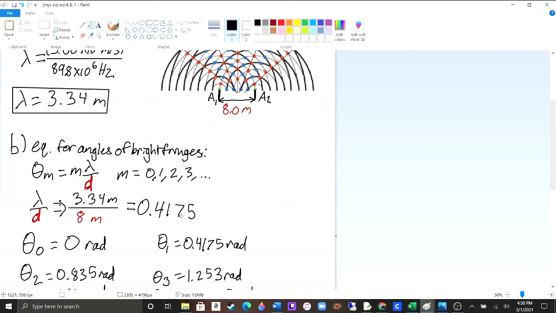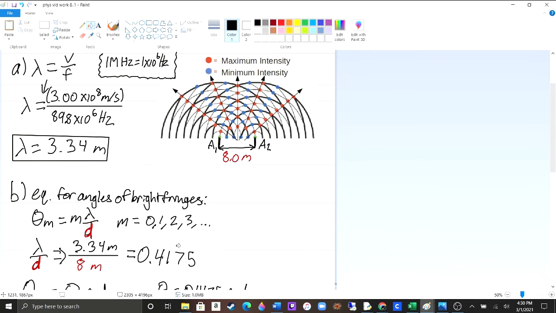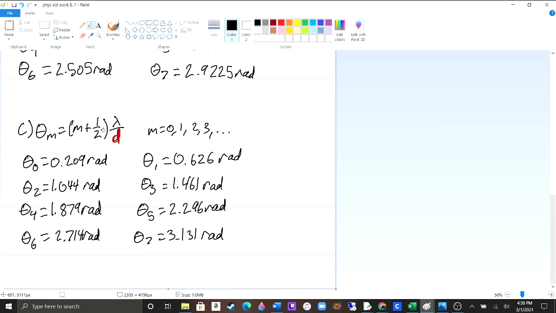So we get a value of 0.4175. And then all we're doing is multiplying that by our m. So for part B, we just add 1/2 to find the dark fringes. So for 0, it's multiplying this constant up here by 0.5, and then 1.5, 2.5, etc. So that gives us our dark fringes, or our minima, at 0.209 radians, 0.626 radians, 1.044 radians, 1.461 radians, and so on.